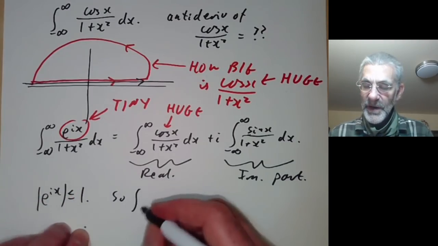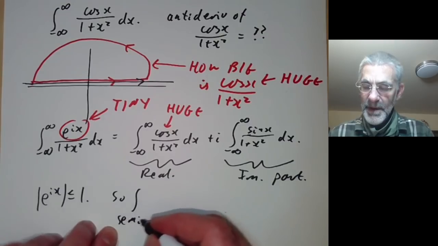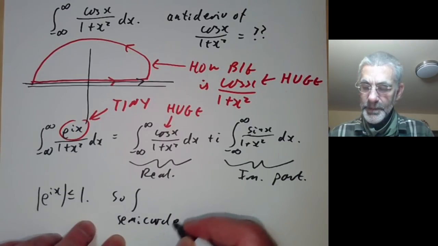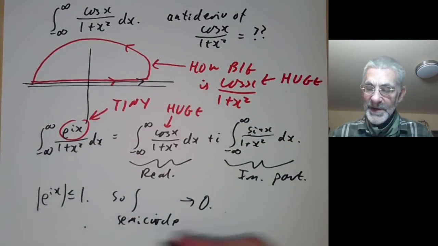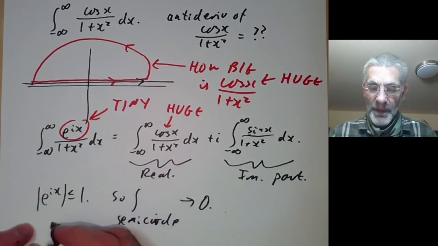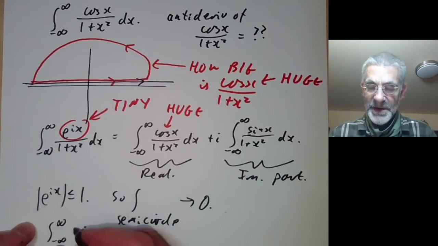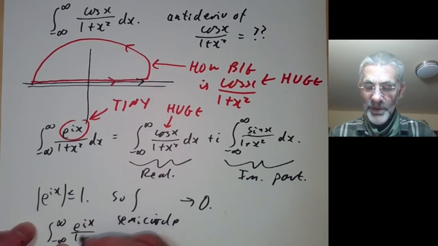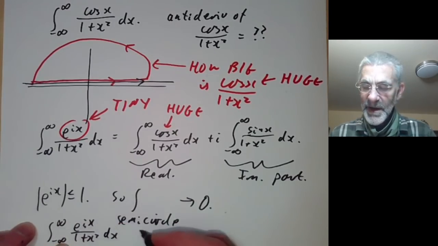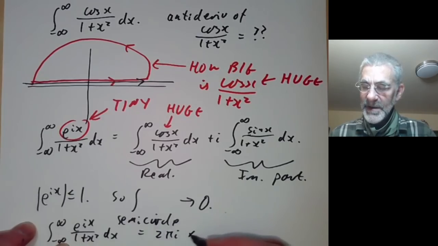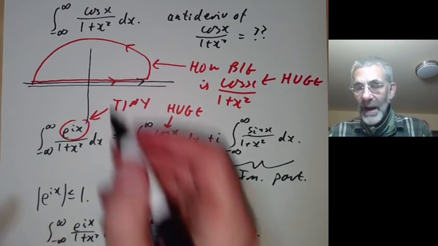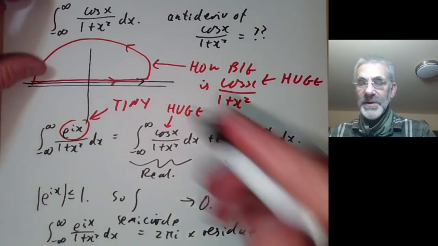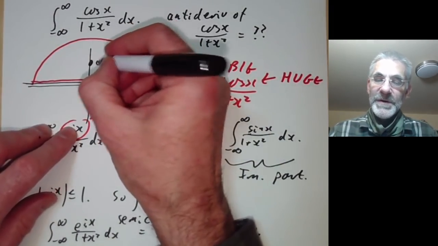So the integral over the semicircle tends to 0, just as in the previous one, and we find the integral from minus infinity to infinity of e to the ix over 1 plus x squared dx is just equal to 2 pi i times the residue. Now we've got to work out what the residue is at the one point where it's not holomorphic.